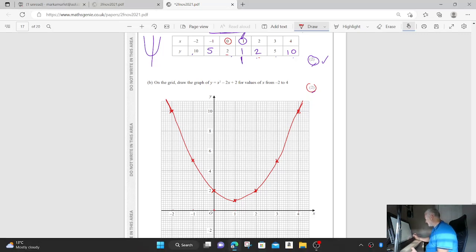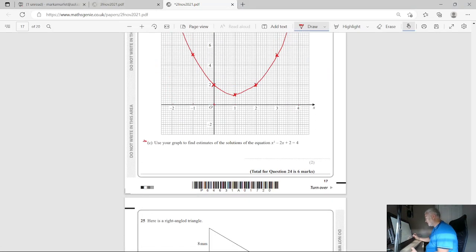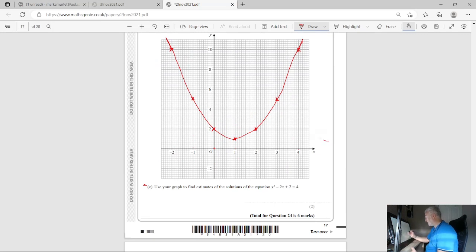It says, use your graph. So I've got to use the graph we've just done to find estimates of the solutions for this. Now, you can see my graph here is this graph, but the difference is that this says it equals 4.